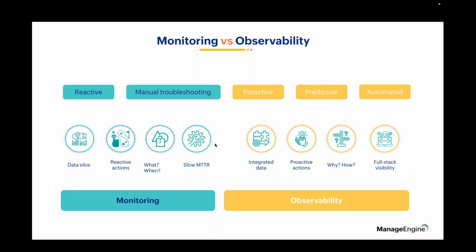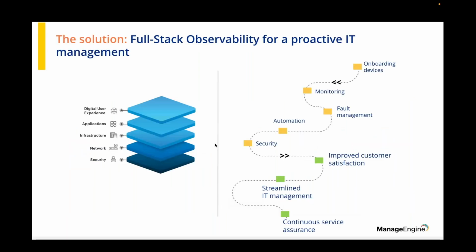Now, in this full stack observability for proactive IT management, how does the solution flow go? The end goal is to give a better digital user experience from application, infrastructure, network, and security, which is running as a backend. To achieve this better digital experience, we call it DEM, Digital Experience Monitoring.